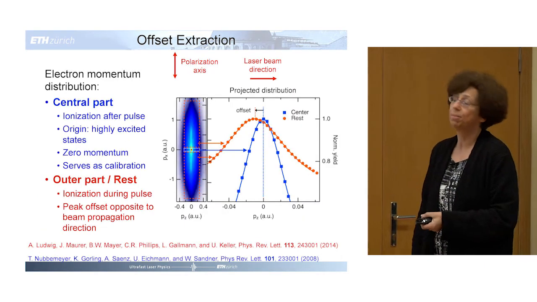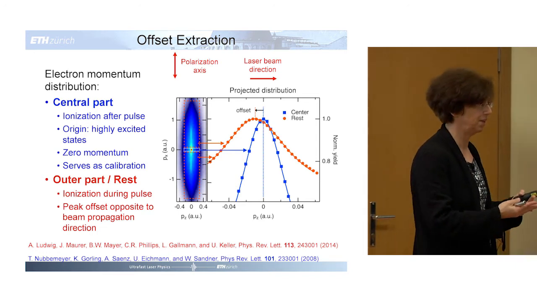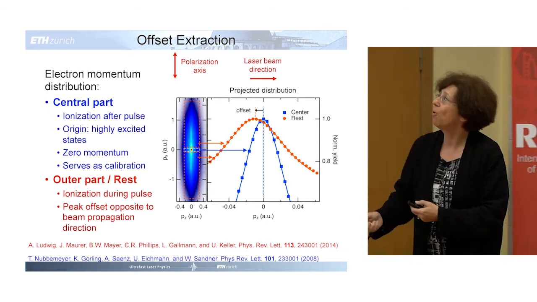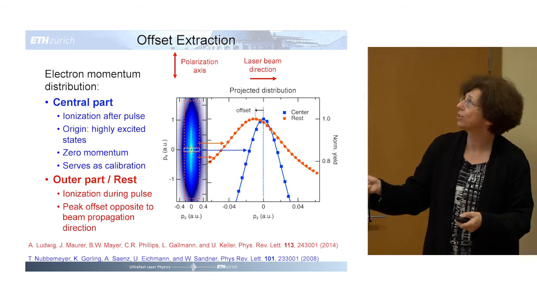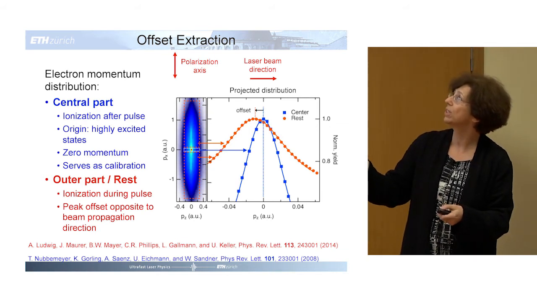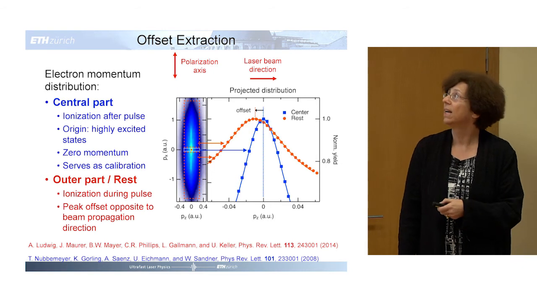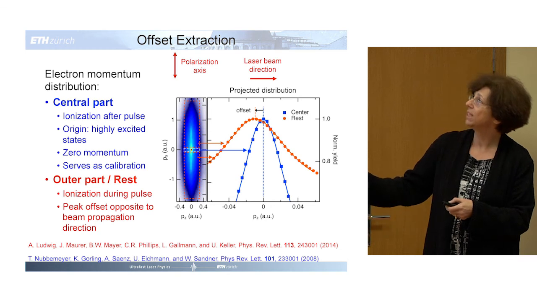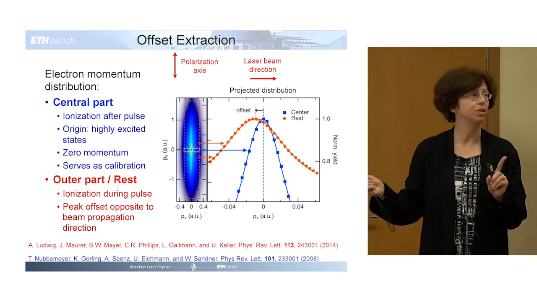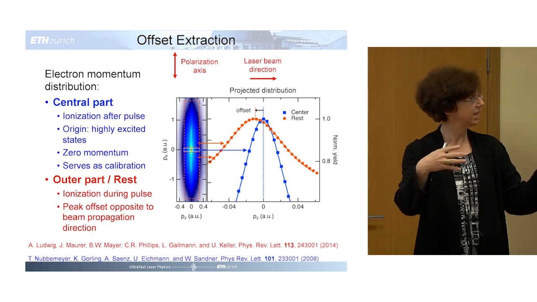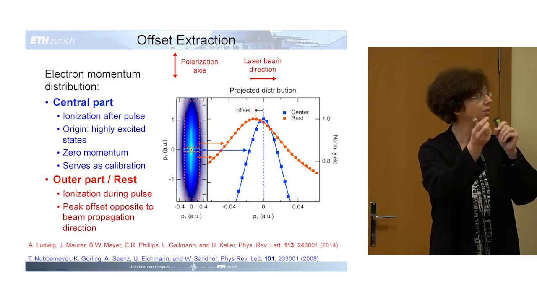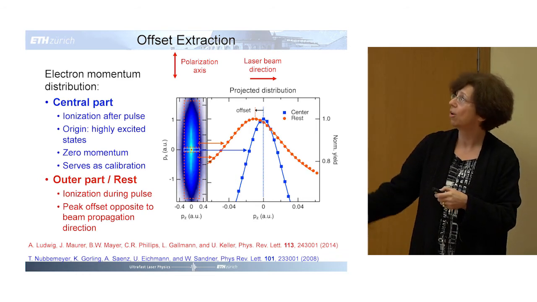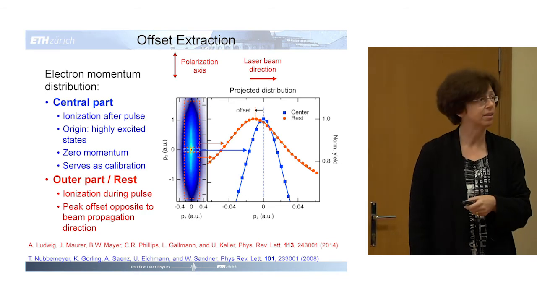And so what we did is we found an observable that tells you how the dipole approximation is breaking down. When we looked at the electron momentum distribution in linear polarization, ionized with a strong laser field, we always have some electrons that were ionized after the pulse. These are highly excited leftover atoms that will ultimately ionize in the imaging electric field, and they will be a reference of the ion frame.